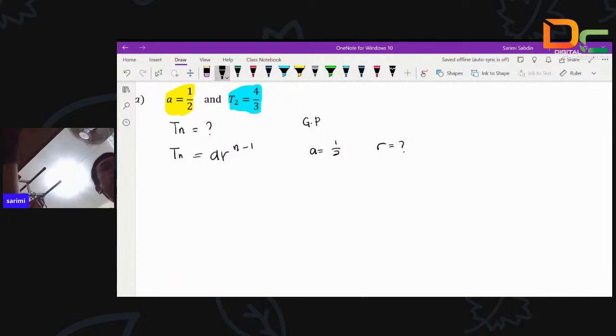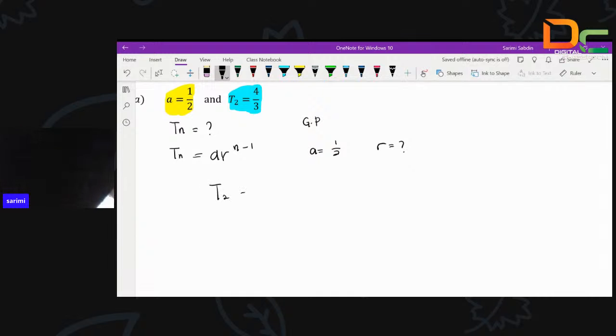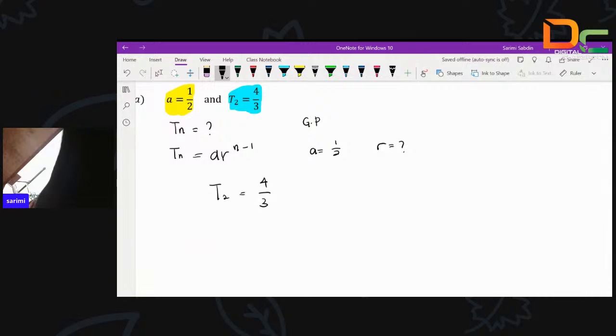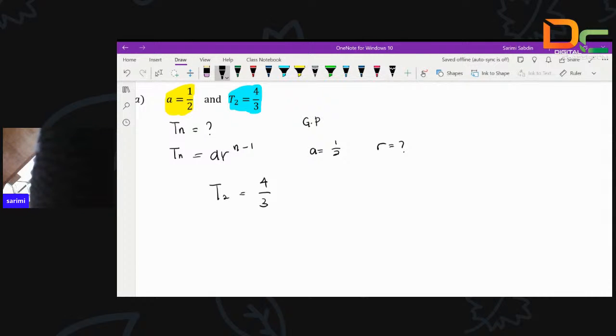To find r, we can use the second piece of information, which is T2, the second term, equals 4 over 3. If we substitute T2 into the formula, T2 is ar to the power of 2 minus 1, which equals 4 over 3.